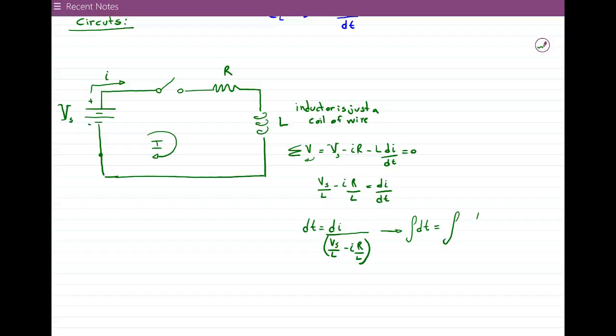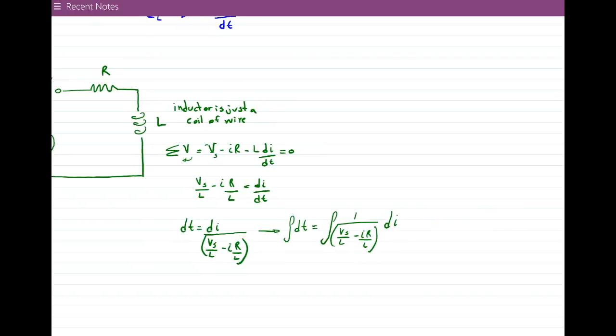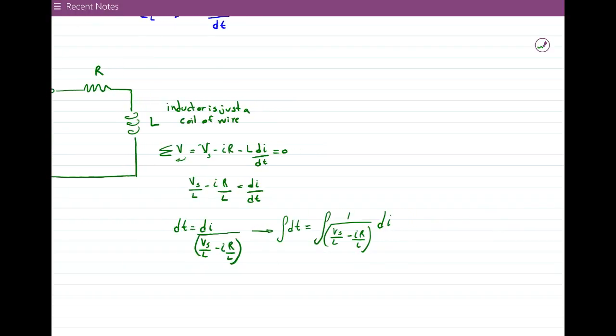To integrate both sides, this is just going to become t on that side, and on the other side I'll have the integral of dI over Vs over L minus I R over L. So all of this becomes my u, so du is going to be equal to negative R over L dI.